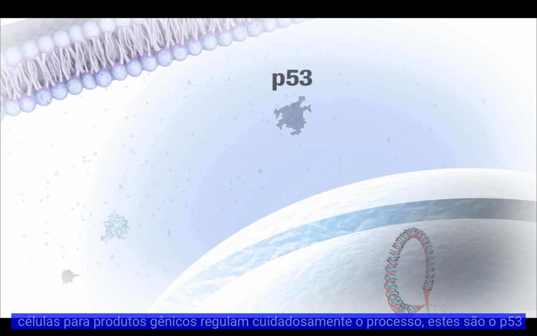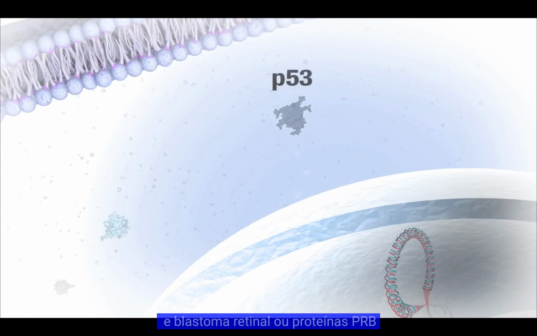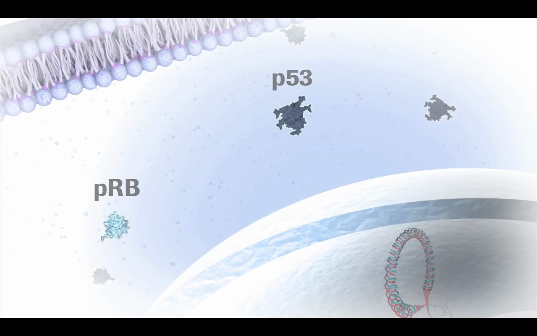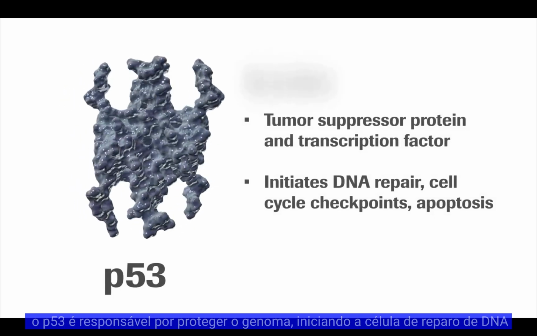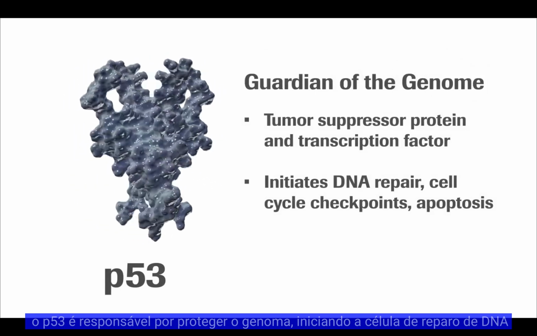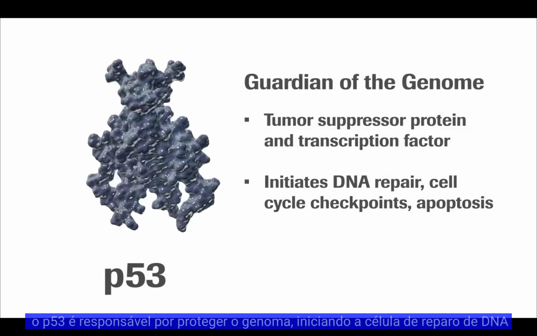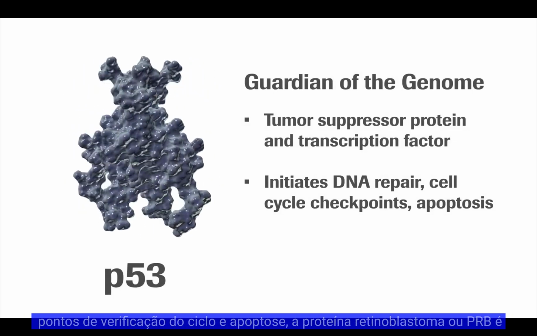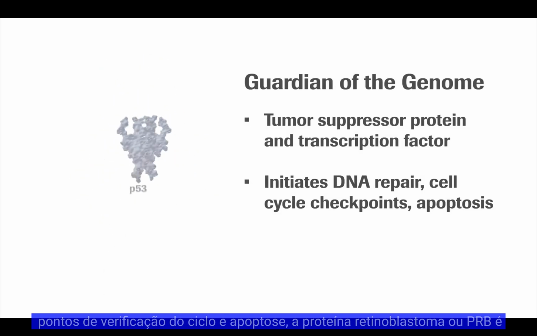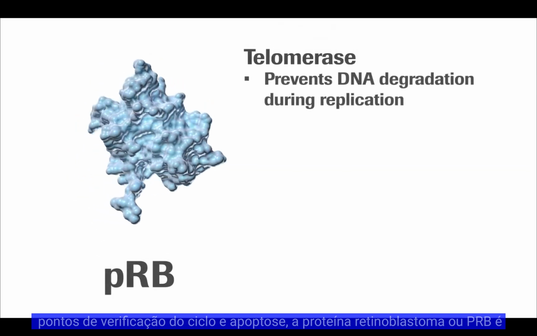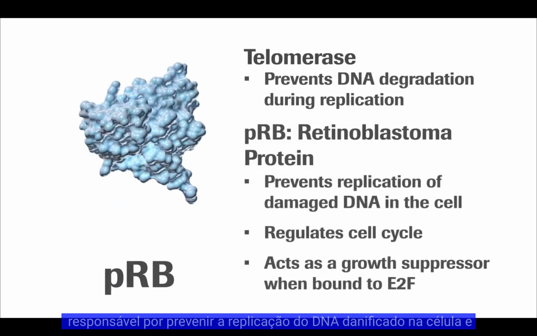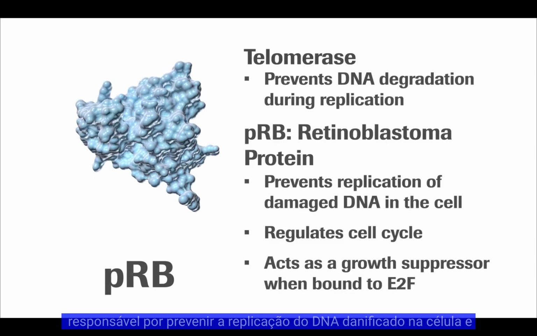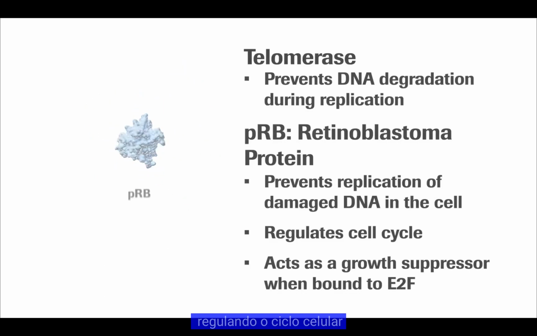These are the p53 and retinoblastoma, or pRB, proteins. The p53 is responsible for guarding the genome by initiating DNA repair, cell cycle checkpoints, and apoptosis. The retinoblastoma protein, or pRB, is responsible for preventing replication of damaged DNA in the cell and regulating the cell cycle.